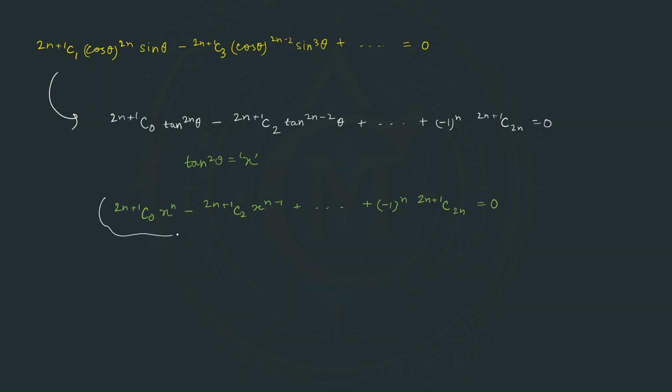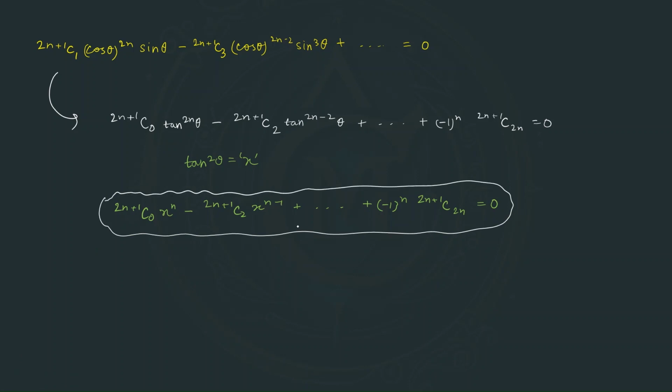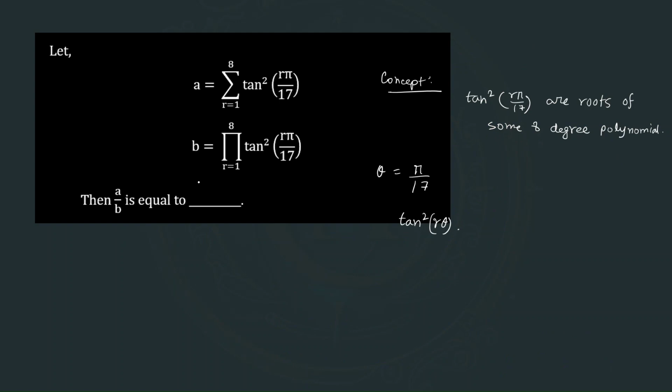So this is the standard form that we have to remember. Now in this question we can see easily that 2n plus 1 is equal to 17. So n is equal to 8.